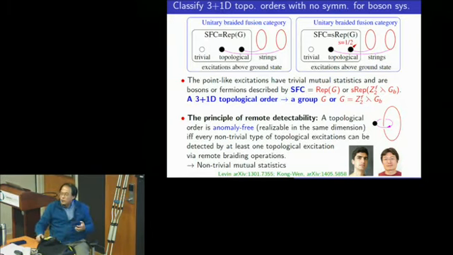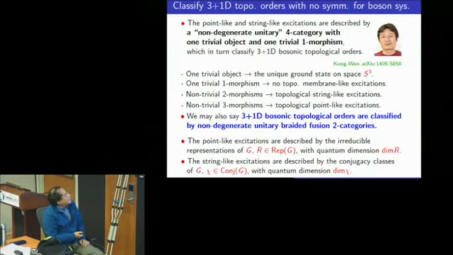So these non-trivial mutual statistics tie everything together, and that's almost the end of the story. This object, which has particles and loops with non-trivial mutual statistics, this mathematical structure also has a scary name.